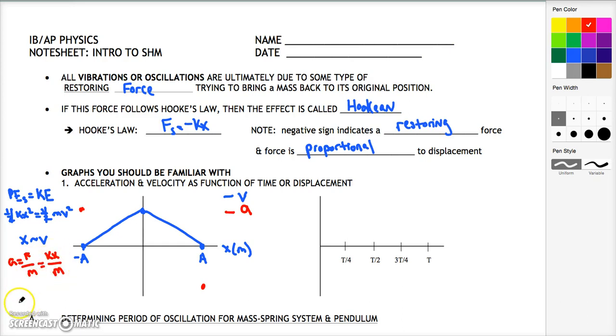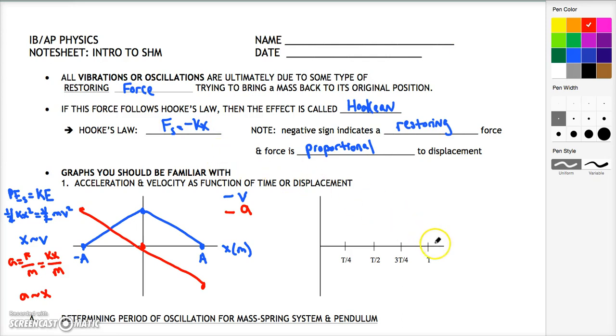Now we can see that a is directly proportional to x. In the middle, the acceleration is 0, as the force is essentially going from one spring to the other. So we end up getting a linear graph here as well.